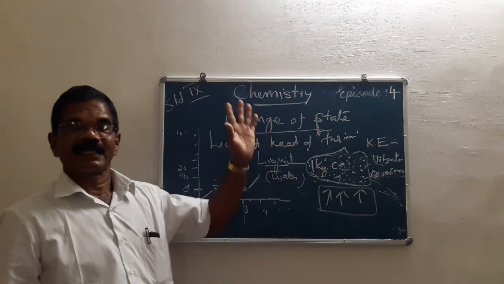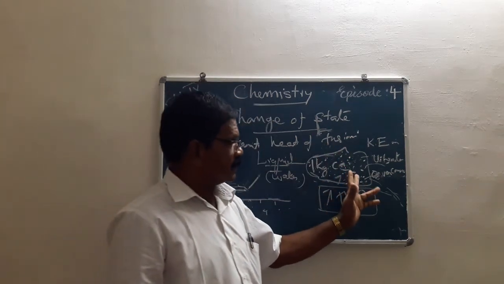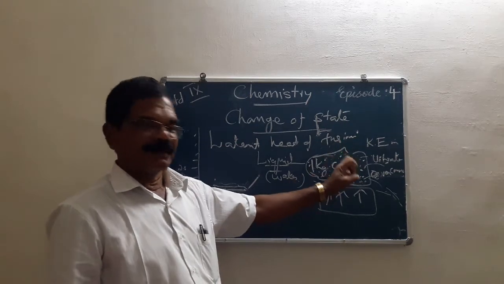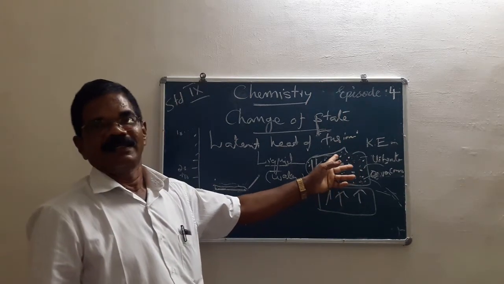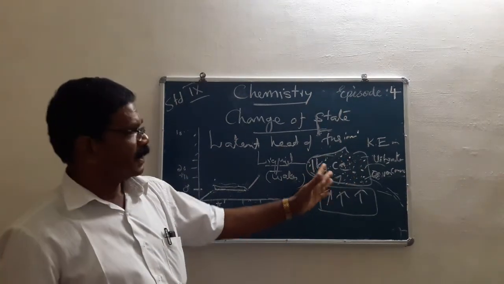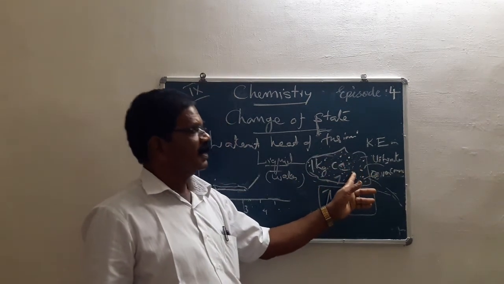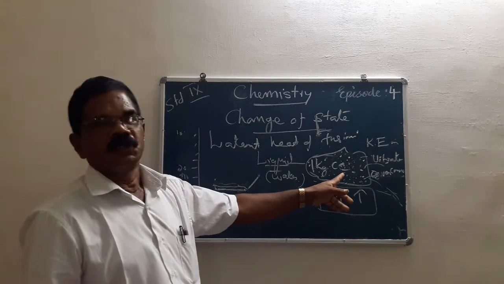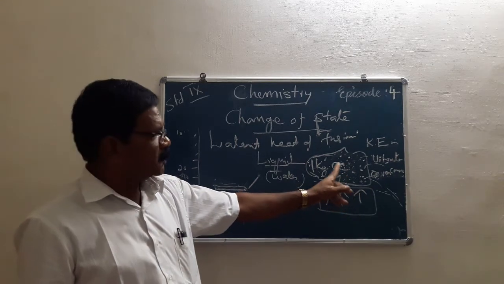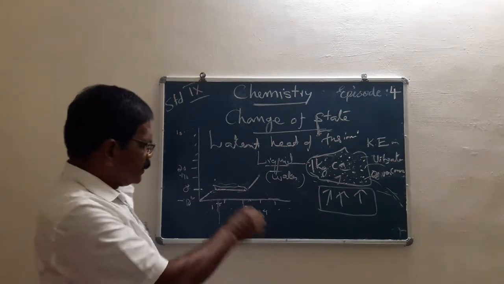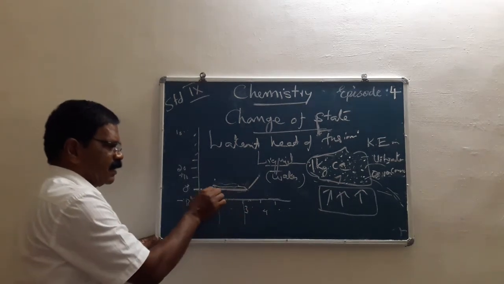Why? The heat given to the ice is used by the particles inside. The water molecules absorb it and use it to overcome the force of attraction. Hence, there is no rise shown.